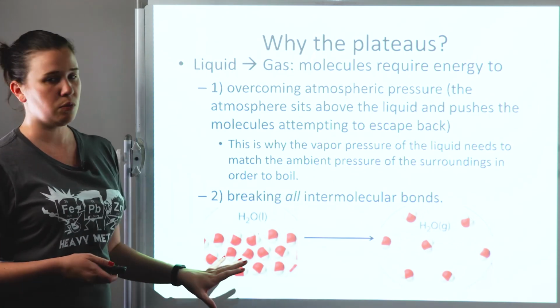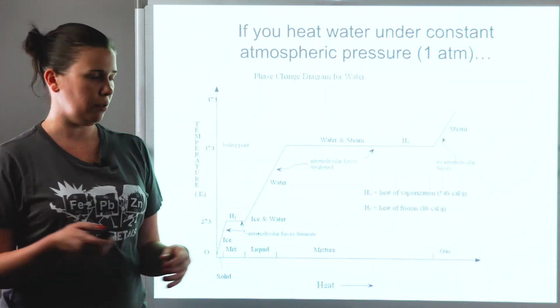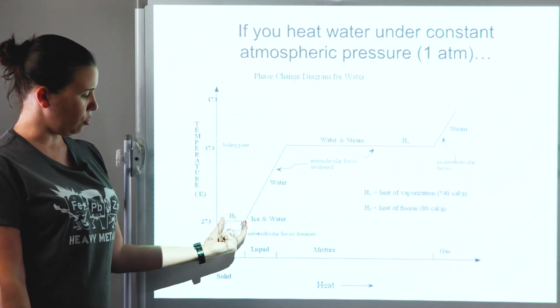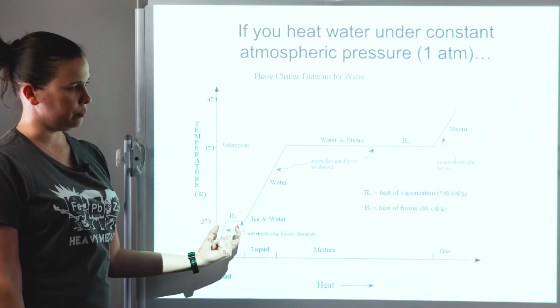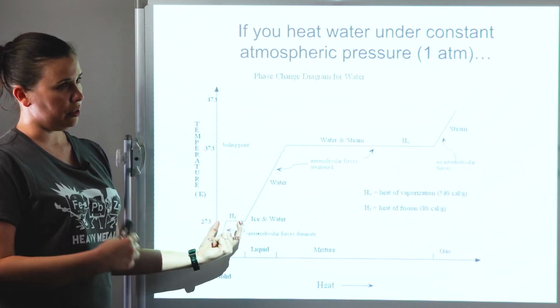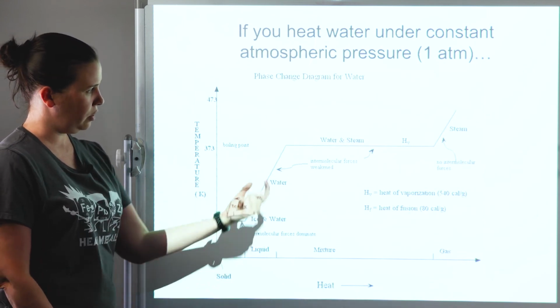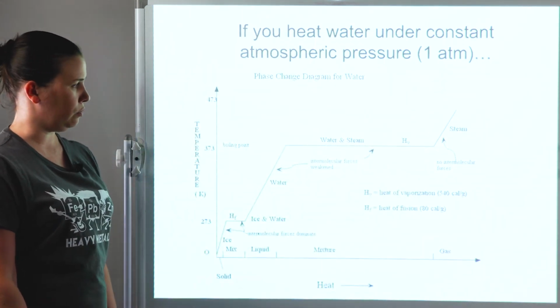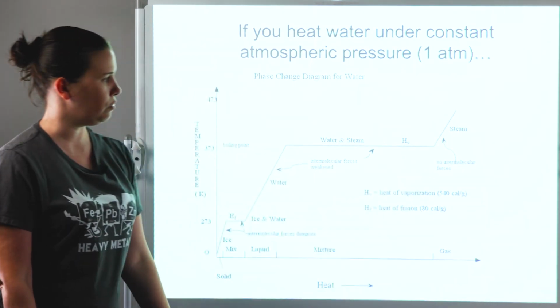So two main reasons why that plateau is way longer. Here's a real, totally annotated picture, and we see how short the melting plateau is, and then how long the boiling or evaporation plateau would be for our heat of vaporization.